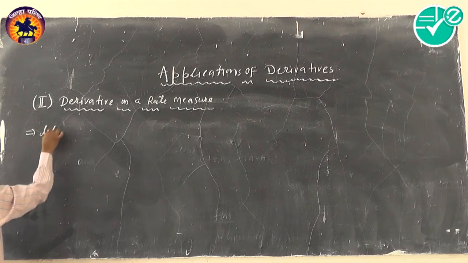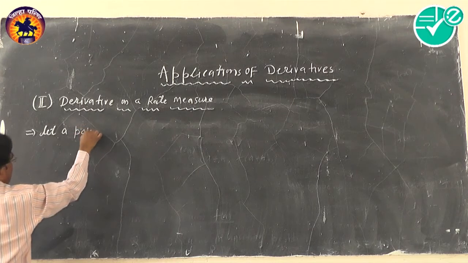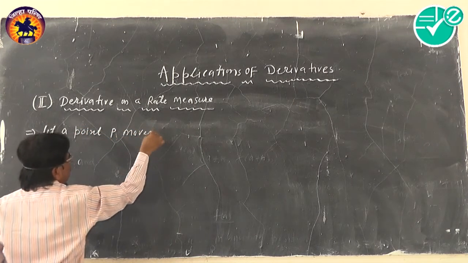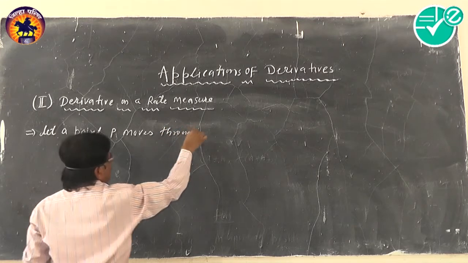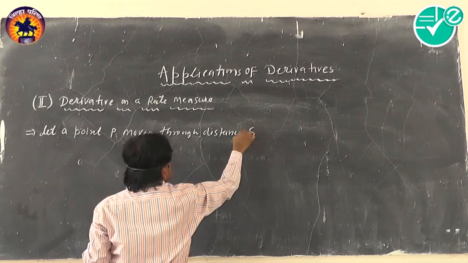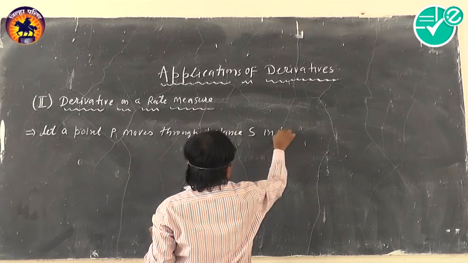Let a point P move through a distance S in time t.